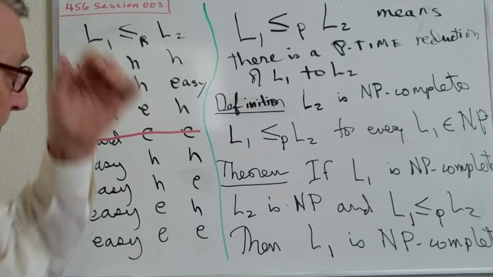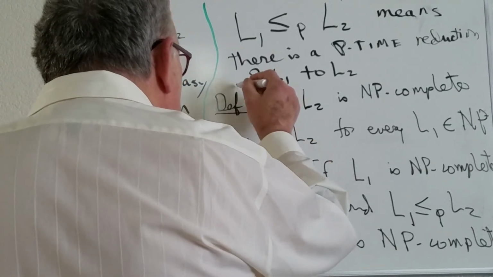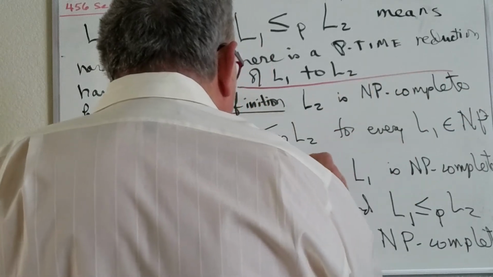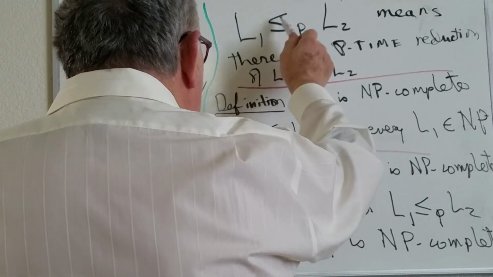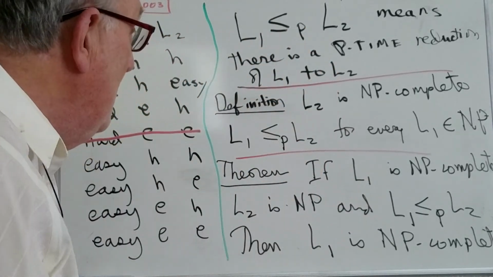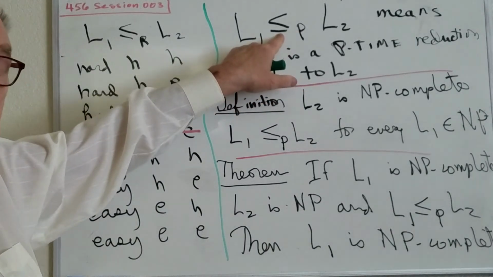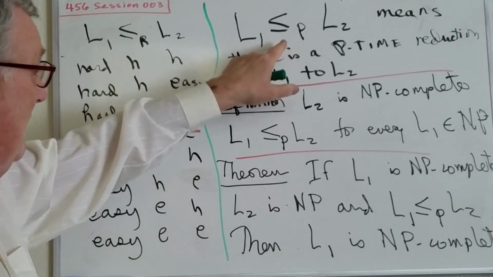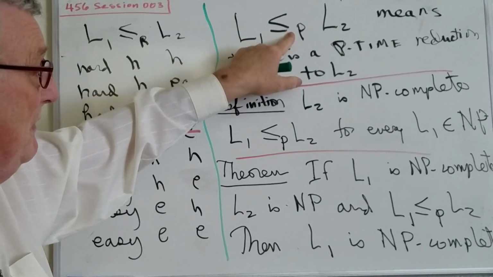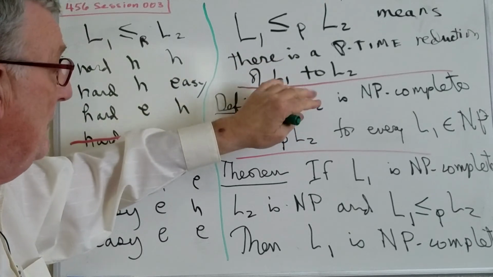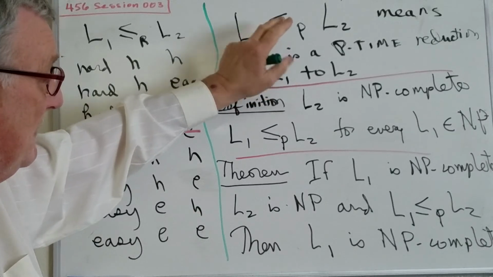All right, now let's look over to here, and we will use a notation here to say that L1 is reduced to L2 in polynomial time, meaning that the reduction, this is a P here, that this reduction function takes polynomial time to execute in terms of the input. And we're saying that this is a polynomial time reduction, and we have this notation.